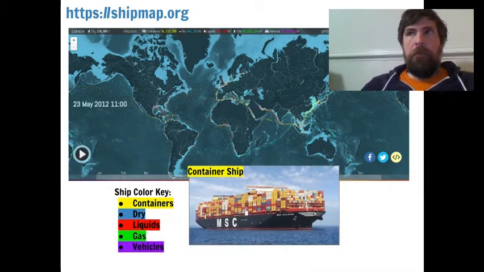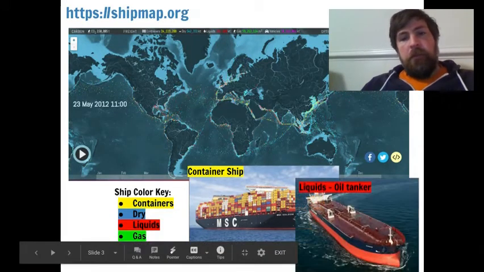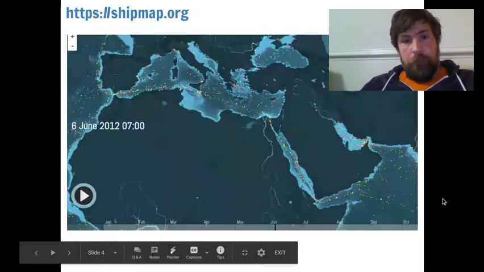You've seen these containers on the road being pulled by a truck, probably, and it's full of goods that is being taken from one place to another. And so this is a container ship, which is full of all of those containers that then will be offloaded at a port. And then there's also oil tankers. These red dots are ships that are transporting liquids, which usually means an oil tanker like this one.